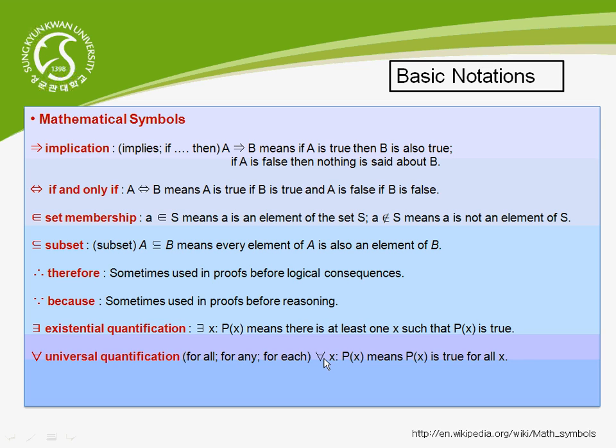So for all x, P of x means P of x is true for all x. So we will use this notation, and it will make a lot of logical sentences in a very simplified form.